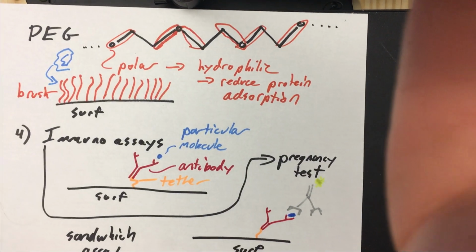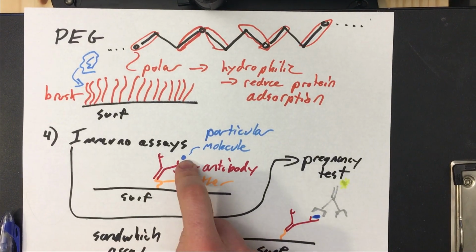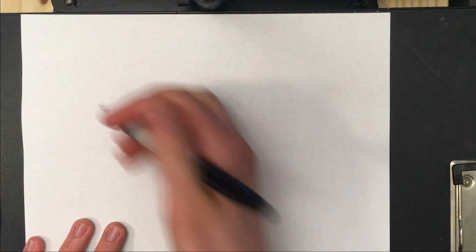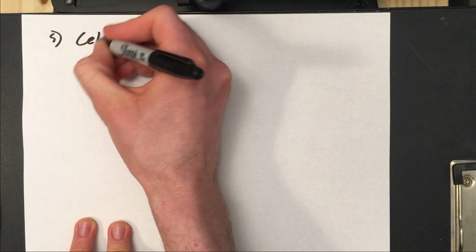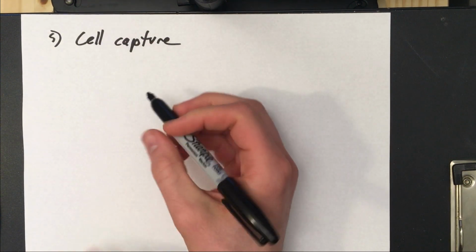So one application that's a little closer to some work that I did is, beyond using antibodies to grab onto particular molecules of interest, you can use antibodies to capture entire cells. This was some work that my colleagues worked on when I was a PhD student. So one more example is in cell capture. We can use antibodies to capture entire cells.